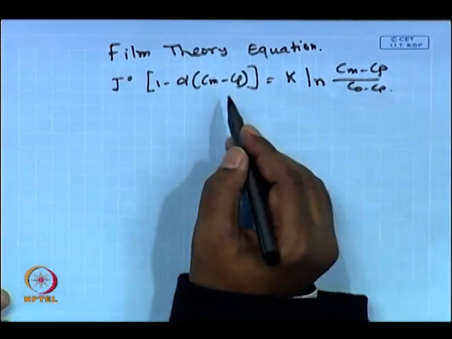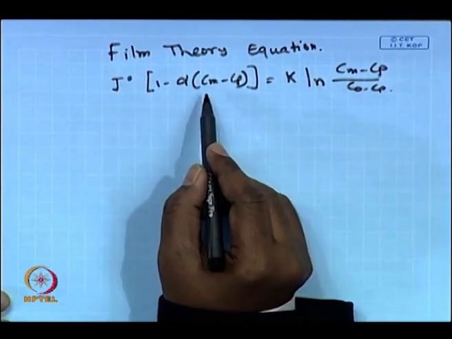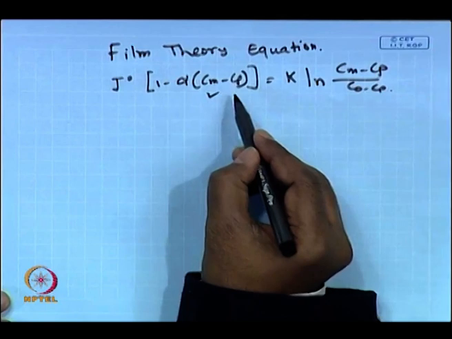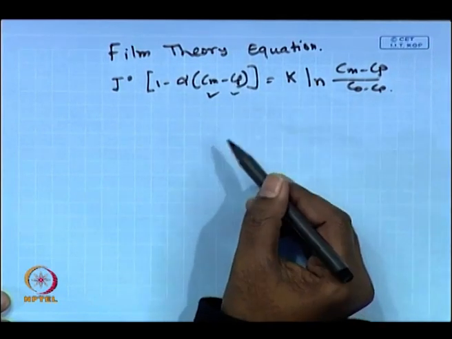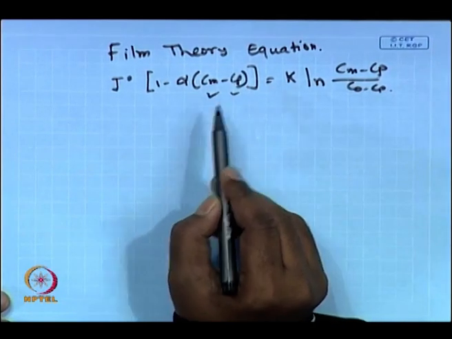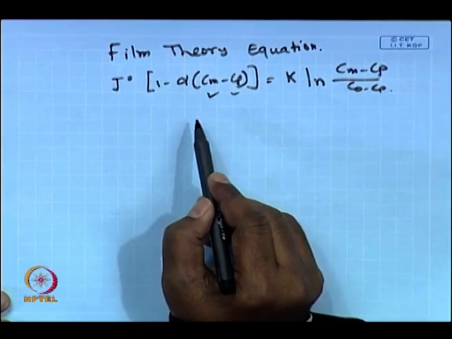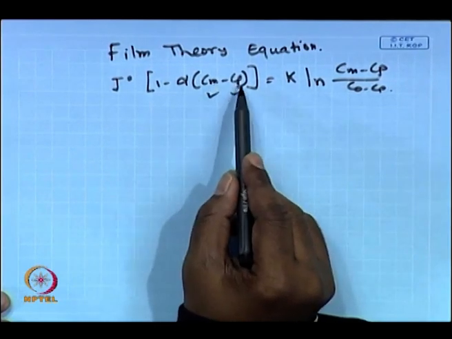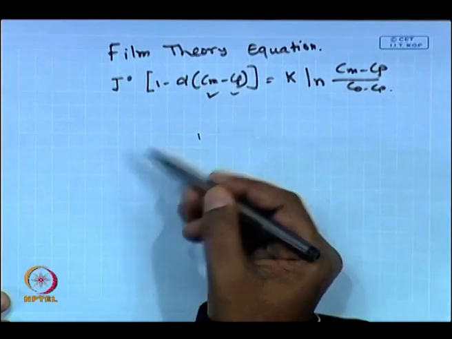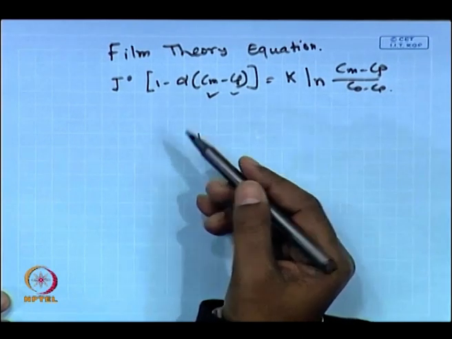Now, there is one equation that contains two unknowns, Cm and Cp, and we do not know the relationship between Cm and Cp. In this case, we are not going to use the definition of real retention that will connect Cm and Cp. We will be using a more fundamental equation, that is the solution diffusion model.